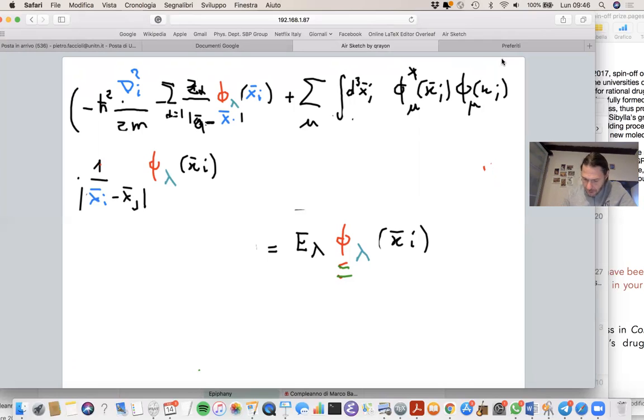So before I go into that, here is where now my wave function enters. And I'm using a different index here because this summation is on a different particle, right?